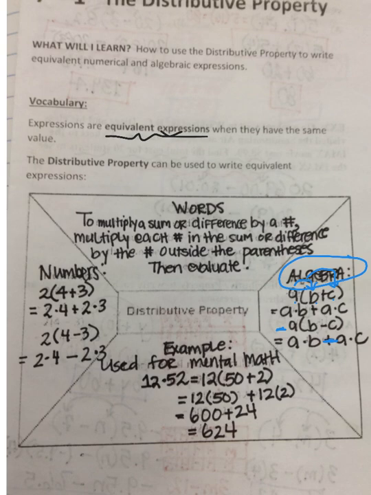Putting numbers to it, if you could look over at these examples here, it'll show you if I were to do 2 times the quantity 4 plus 3, if I'm going to rewrite it using the distributive property, I'll do 2 times 4, and I can write it as 2 times 3. And so if I were to simplify this one down here, 2 times 4 is 8.